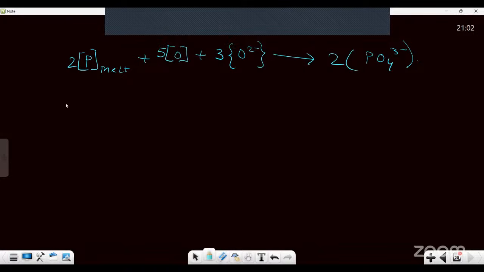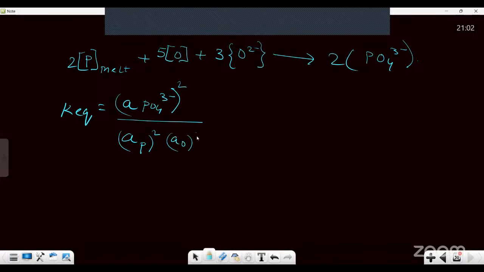So I can say the equilibrium constant K equals the activity of PO4 3 minus squared, divided by the activity of phosphorus into the activity of oxygen to the power 5 into the activity of O2 minus to the power 3.